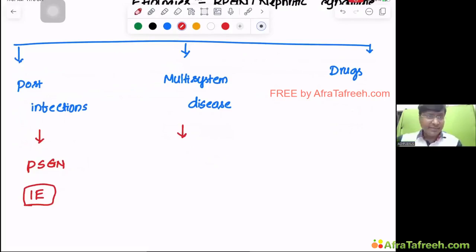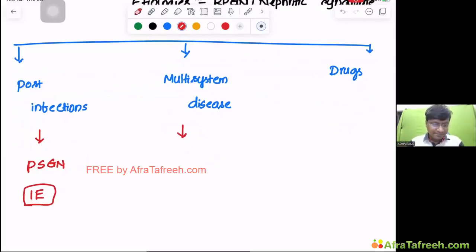Can anyone tell me the most common organism causing infective endocarditis? Not Streptococcus viridans, Vinita.